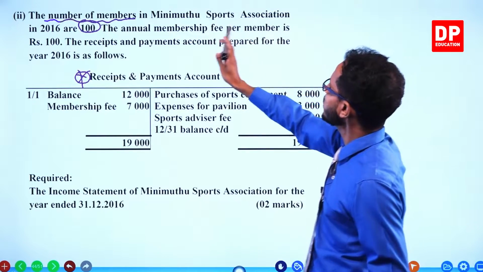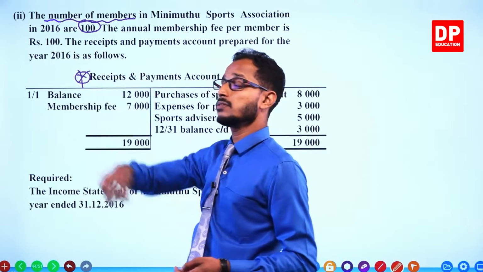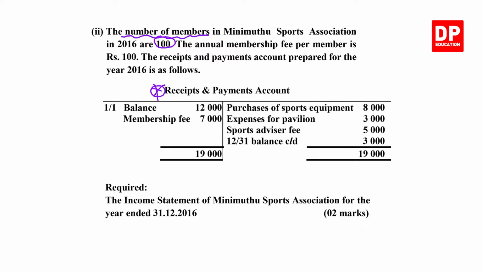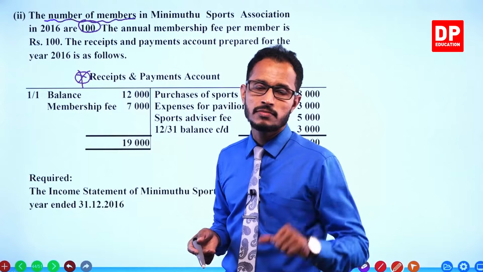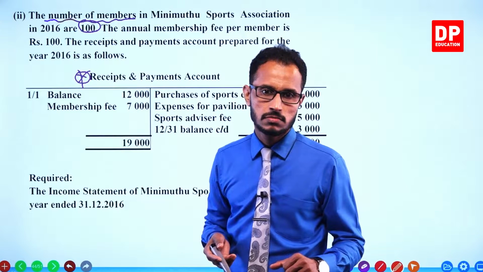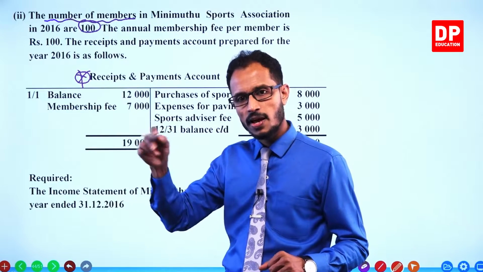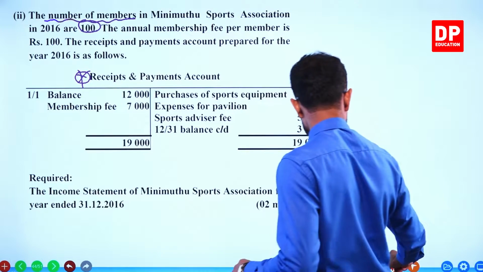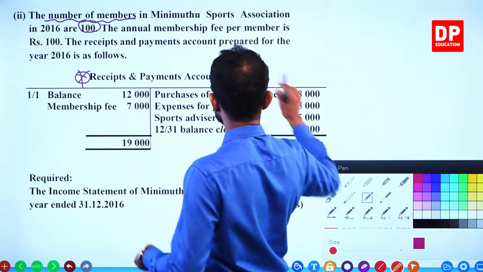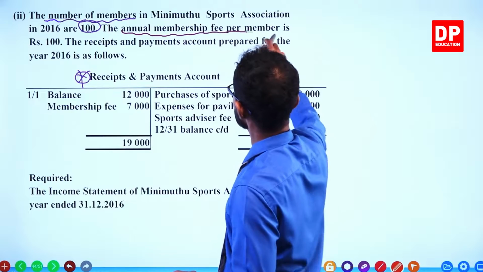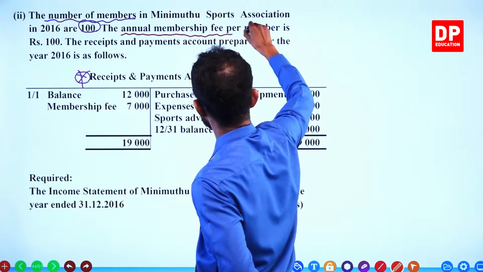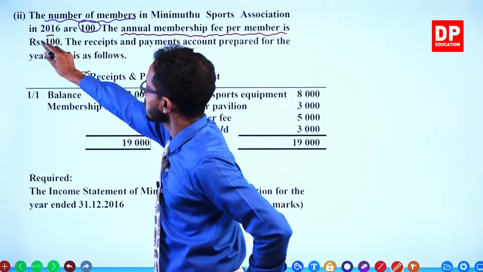Annual membership fee also 100. So 100 members, one member is paying 100 per year, which means 100 multiplied by 100. Annual membership fee per member is 100.